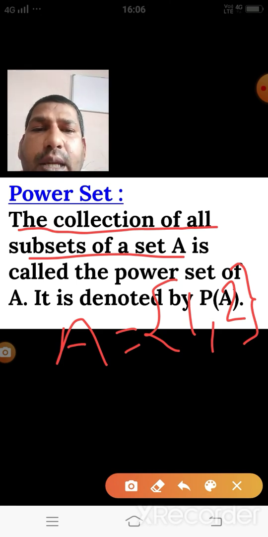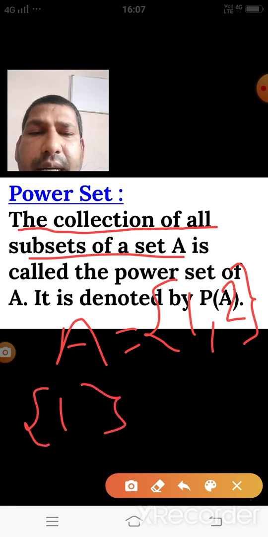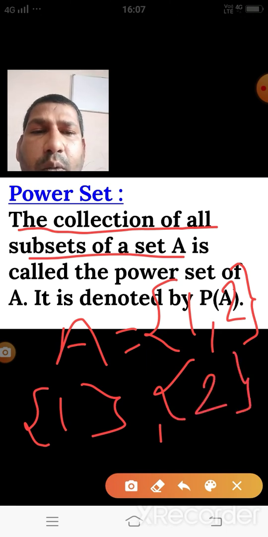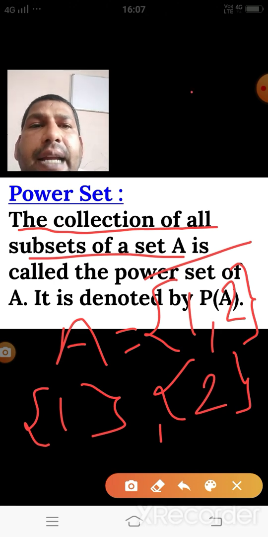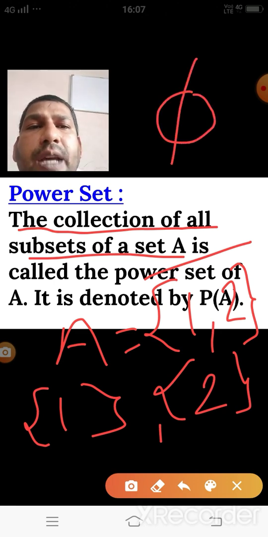All the possible subsets are called the subsets of the given set. Here 1 we take as a set, 2 also as a set, 1, 2 also as a set, and one element always we get is 5. In each and every set we are getting an element 5.